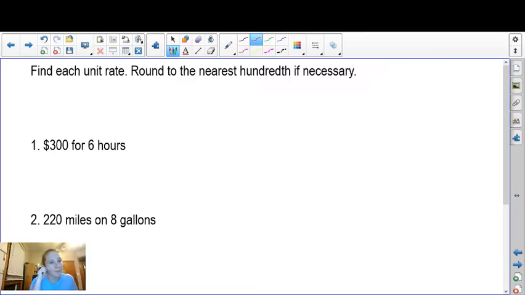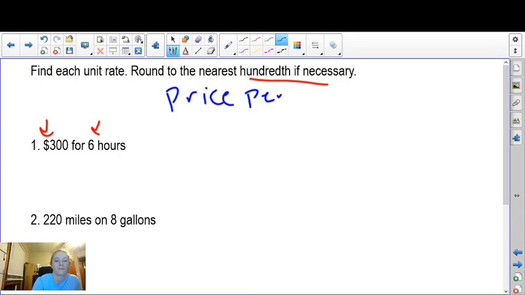All right, let's talk about these next two. Unit rates, find the nearest hundredth if necessary. So that would be like finding pennies. I don't think we do that for this one. As it doesn't explicitly state it, whenever you're given a price per something, in this case hours, you always do the price on top. It's price per the item, or thing.